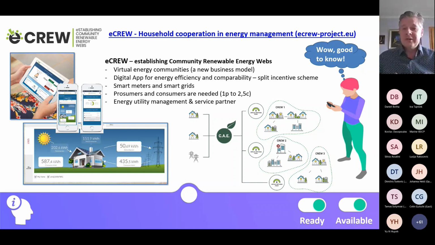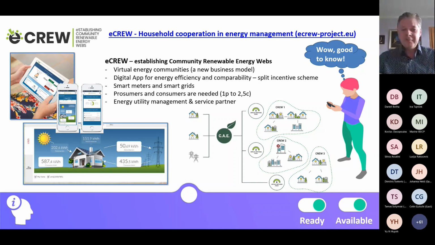Customers are interested in empowerment in this case, maybe self-sufficiency, and of course energy efficiency. And in this case, with this digital energy community, an energy retailer, energy utility can stay connected with their customers simply as a service partner.